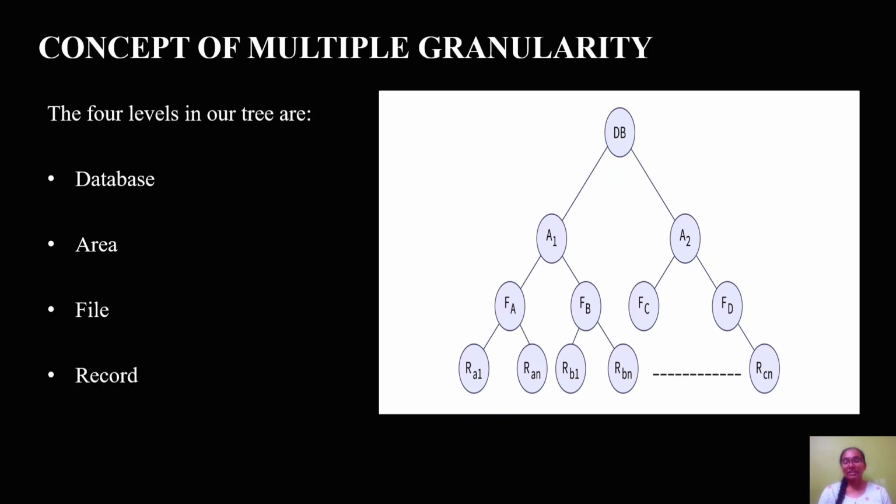The next level is the area, which are the child nodes of the database. And then the file, which comes in the next level of the area, and the last level contains the records. Records are the child nodes of the file and cannot be present in more than one file.